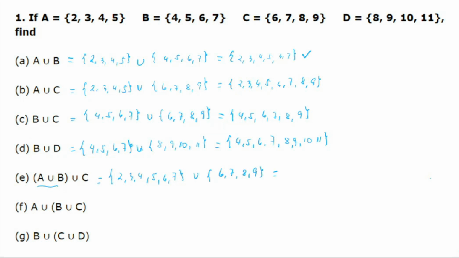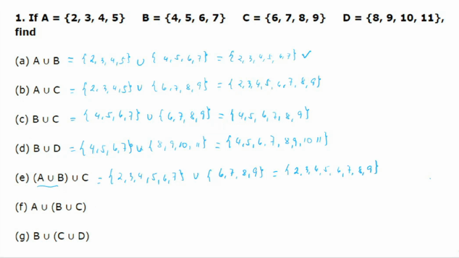Combining these, we have the set whose elements are 2, 3, 4, 5, 6, 7. Then we have 6, 7 here, so no need to write them because they are already present in this set. The other elements we have are 8 and 9.